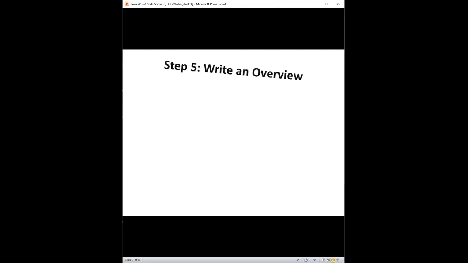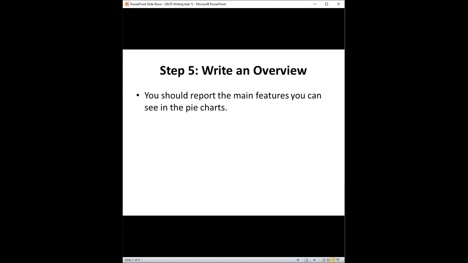Move to step 5, write an overview. In the second paragraph, you should report the main features you can see in the pie charts, giving only general information. The details come in the essay. You also make any clear comparison you spot.